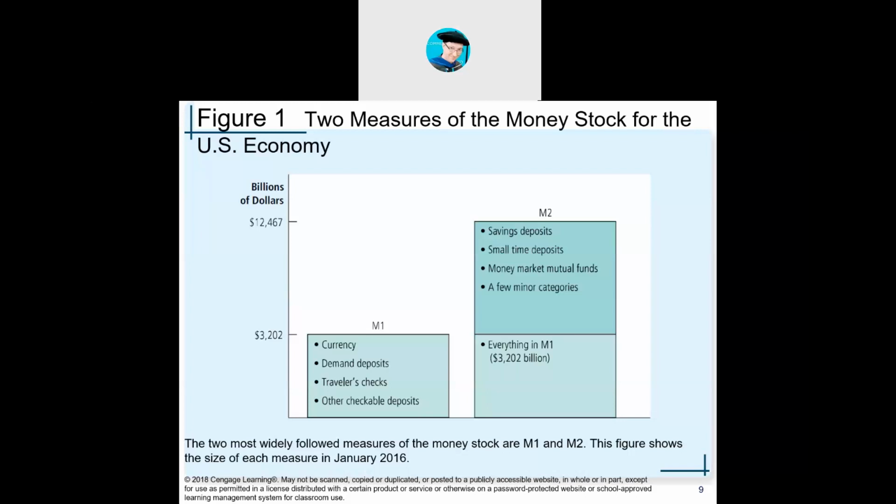Now, if you look at M2, which includes that plus savings accounts, small deposits, money market mutual funds, other categories like stocks and bonds, we see that the value is $12.4 trillion. Okay, huge difference. Why such a huge difference? Because the majority of actual money in the system in the United States is in things like stocks, bonds, mutual funds, money markets, and savings accounts.